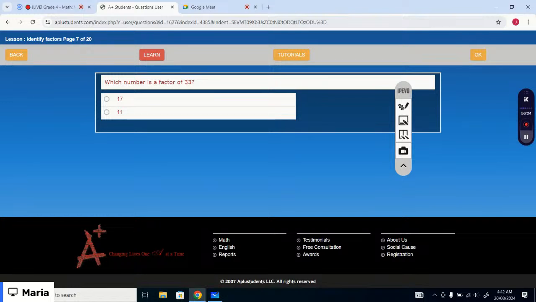Which number is a factor of 33? Which is the correct option? That is 11.